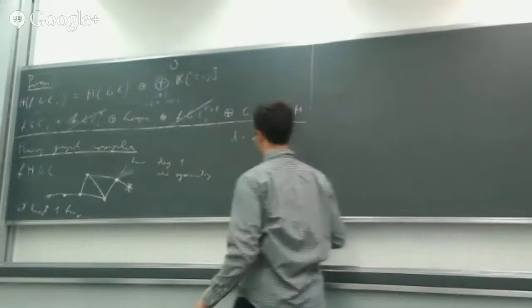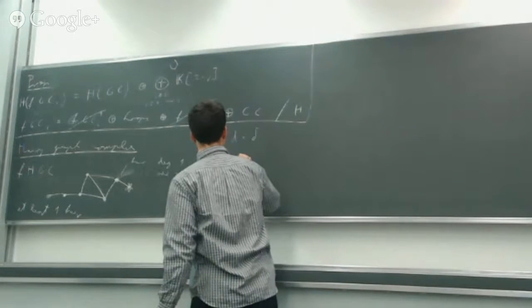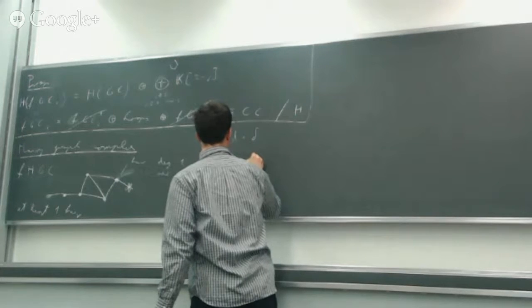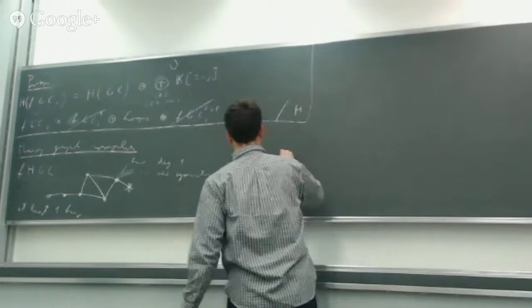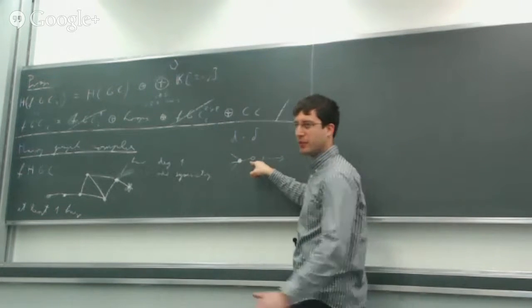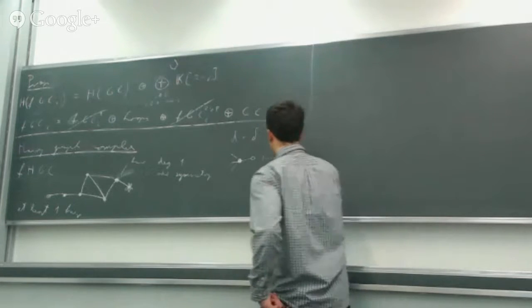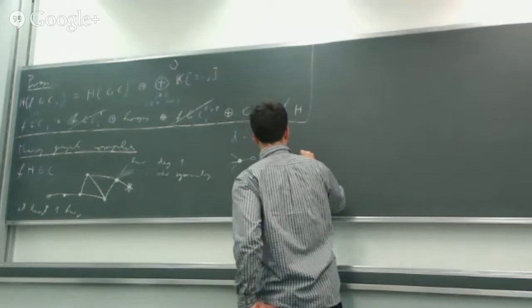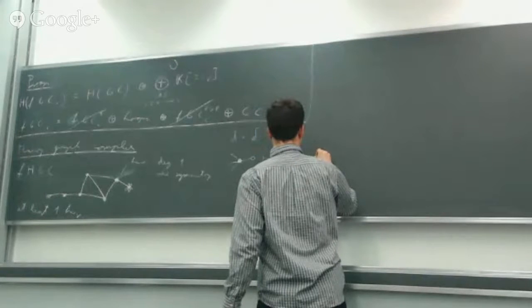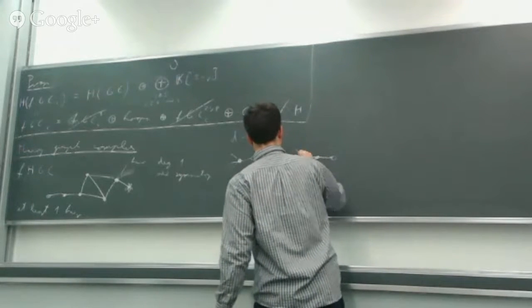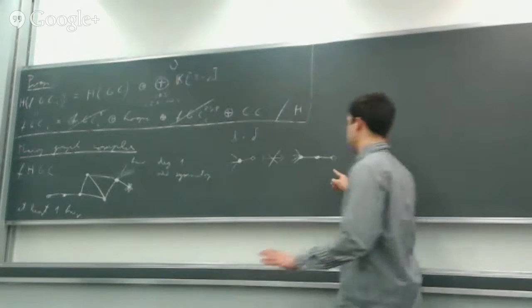And also, I'm not allowed to do this. Okay, let this be here. There's a reason why I depict it like this, you'll see later. This must not go to this.